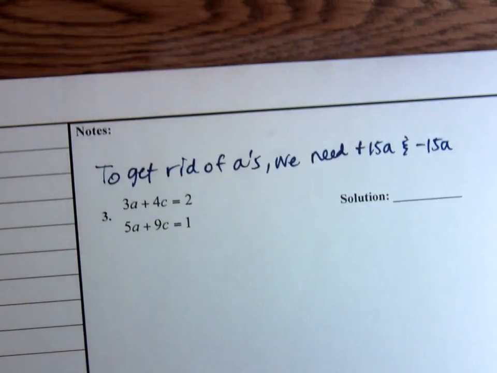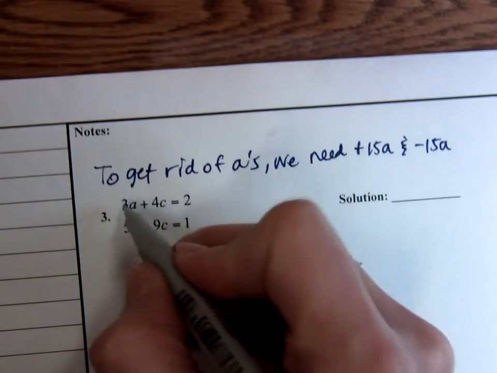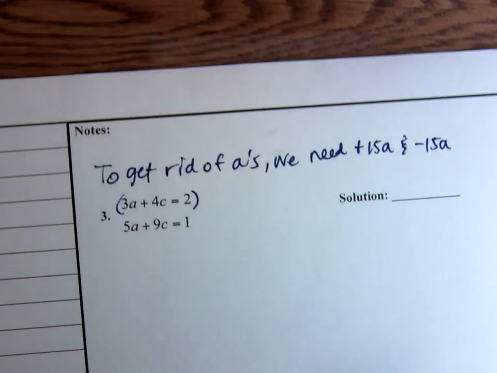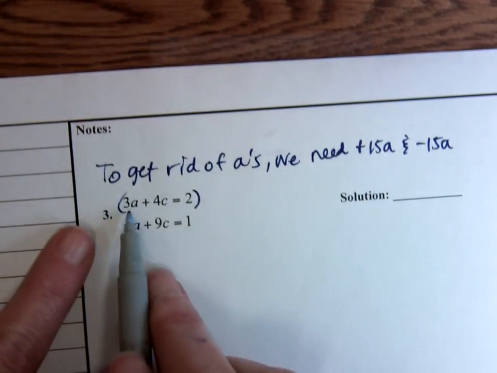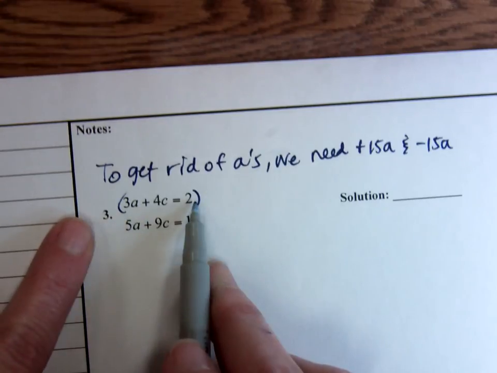So all we have to do is decide which one we want to be a positive 15a and which one we want to be a negative 15a. Let's make the top one be positive.